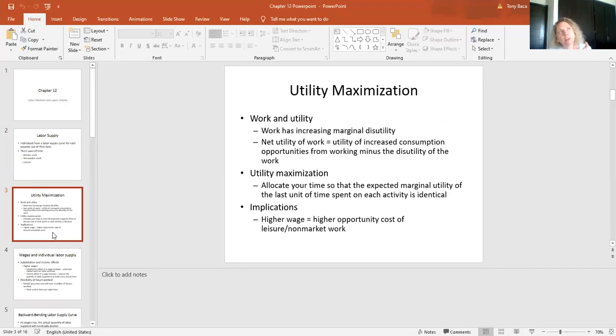But instead of figuring out how you're going to spend your money to maximize your satisfaction, now it's about how you spend your time to maximize your satisfaction. And part of that time can be spent doing market work, which is going to give you money, which you can spend to get more satisfaction. Okay? But then we have non-market work and leisure that don't really earn us money, but still are a part of that satisfaction equation. Okay? So work and utility. Work has increasing marginal disutility.